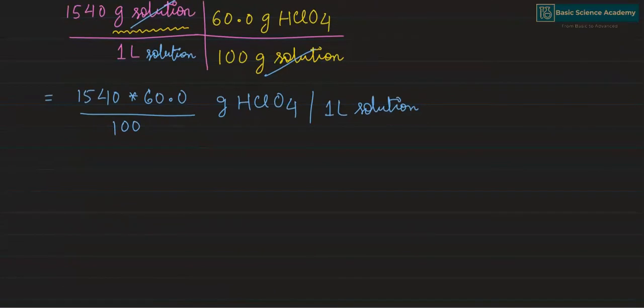This gives us 924 gram HClO4 per 1 liter solution. So this is the answer for part B.